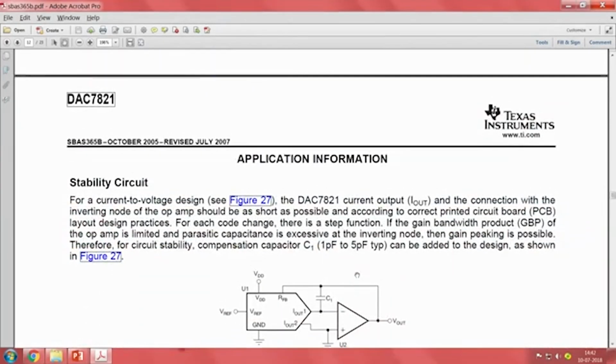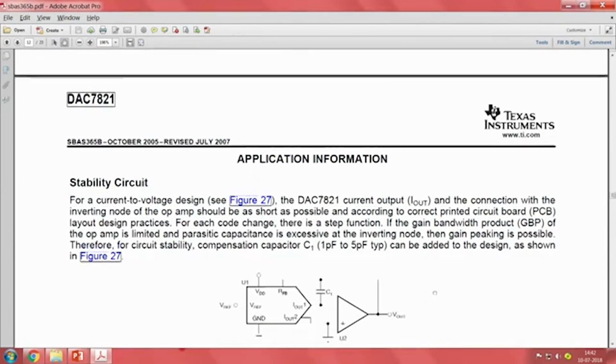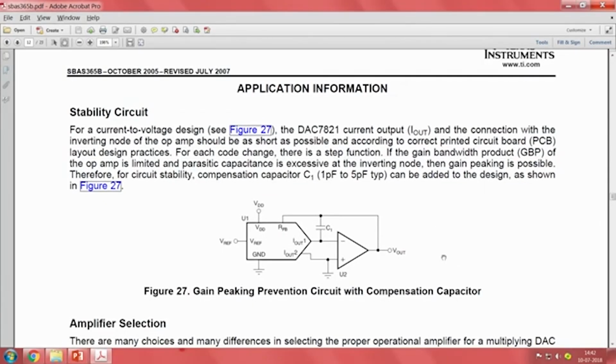After that, one major section of the datasheet will be application information. Here they identify certain typical applications of the IC and give you sample circuits which you can use to see how to implement them.